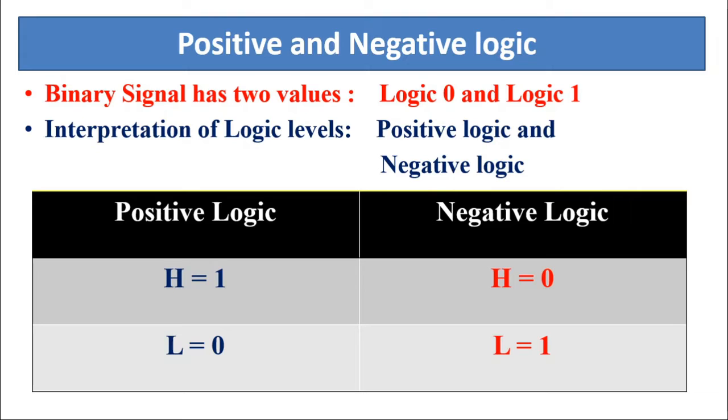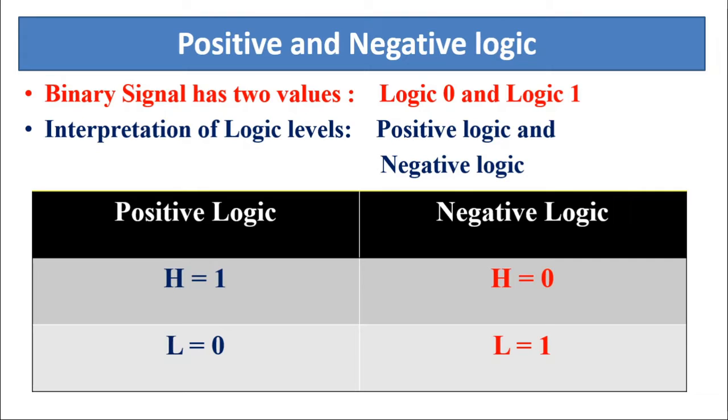Let us consider the logic levels which are used in digital electronics. Binary signal has two values, 0 and 1. These are interpreted in logic level as positive logic and negative logic. When we consider positive logic, high is considered as logic 1 and low is considered as logic 0.